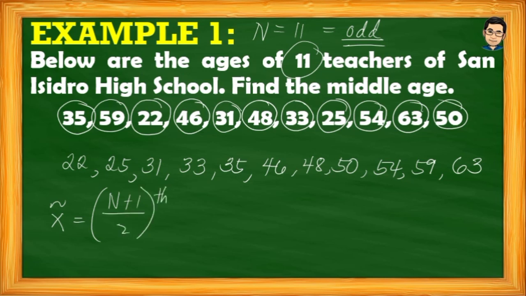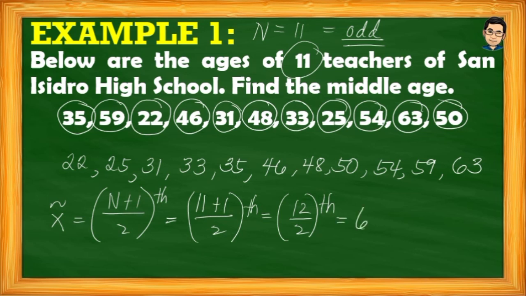Ayan, yung kanyang location muna ang kukunin natin. So, n is 11, 11 plus 1 is 12, over 2. So, 12 divided by 2 is 6. So, ibig sabihin, yung pang-6 na score natin, yung pang-6 na age natin, yun po yung ating median.